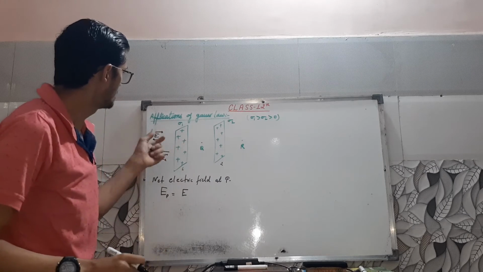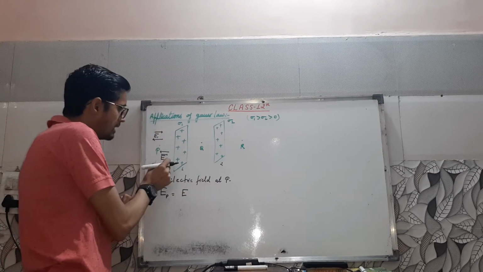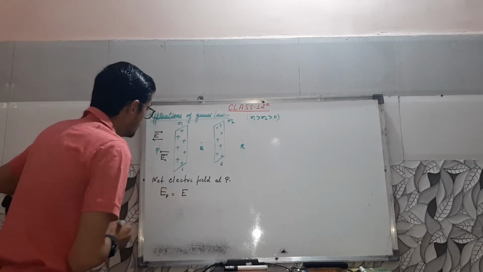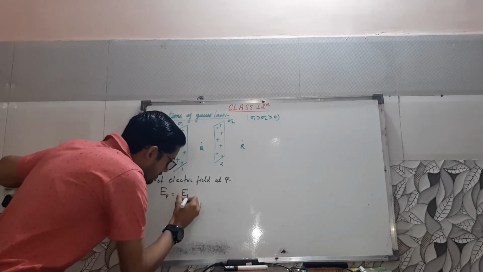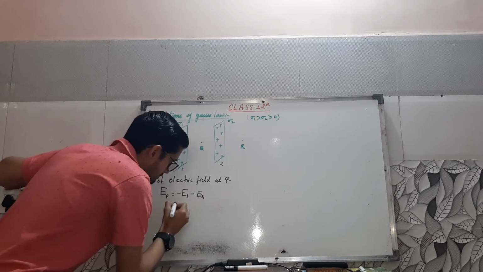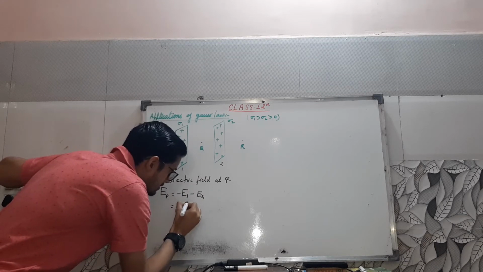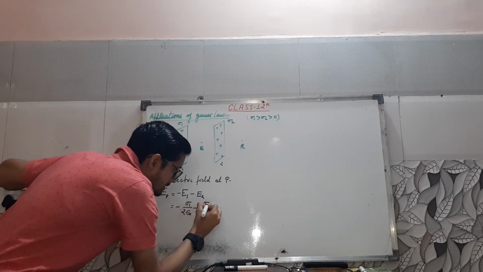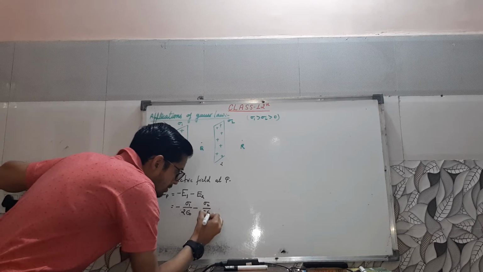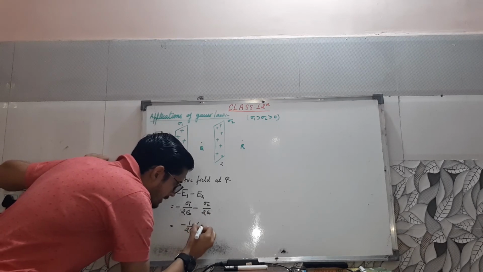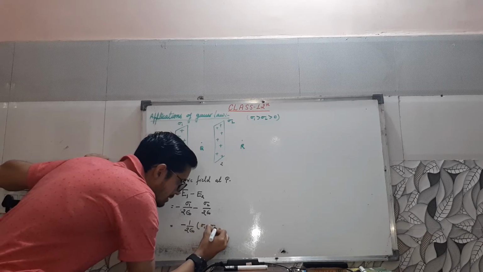So E1 and E2 must be in the same direction. So E at P will be equal to minus E1 minus E2, that is minus sigma 1 upon 2 epsilon naught minus sigma 2 upon 2 epsilon naught, so minus 1 upon 2 epsilon naught within bracket sigma 1 plus sigma 2.